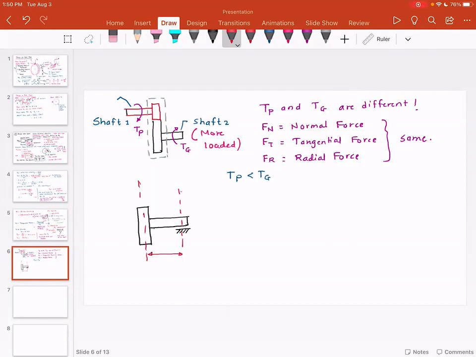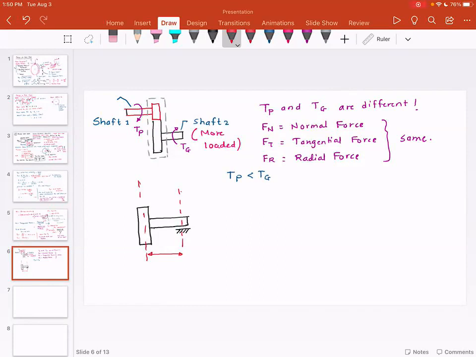But this distance is important because if this distance is too short, then it's possible that the housing may interfere with the gear. So we don't want the housing to interfere with the gear. But if it is too large, then the bending moment would be significantly higher, and the size of the gearbox would be significantly higher.